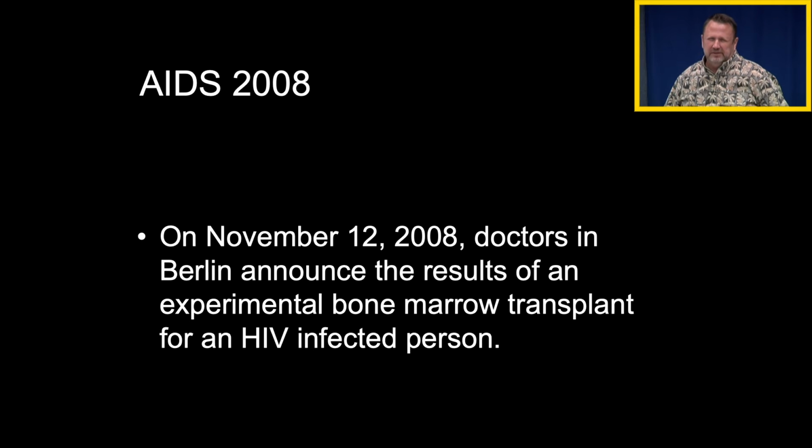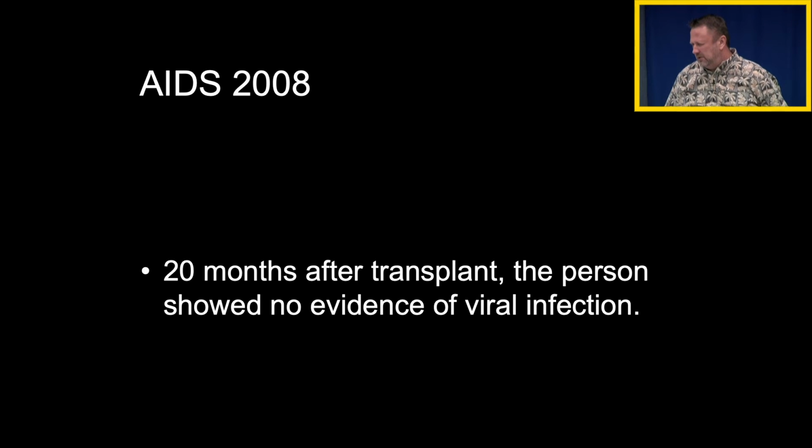There's something called the Berlin patient. I'm going to let you Google that. You might have heard of this. In 2008, doctors in Berlin had an HIV positive patient who needed a bone marrow transplant, I think for chronic myelogenous leukemia. And after that bone marrow transplant, they were able to rid him of the virus for quite some time. That's a very interesting thing to read about.